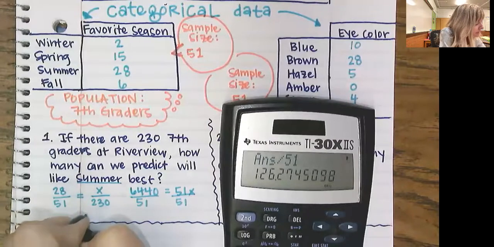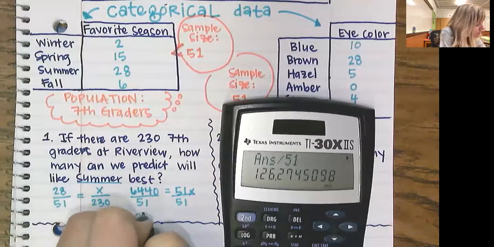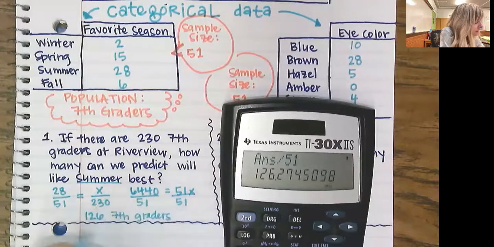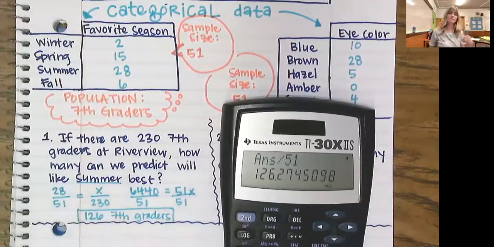So we're going to predict that about 126 seventh graders at Riverview would like summer. So if I went and asked every single seventh grader at Riverview, it should be close to that if our sample is accurate.